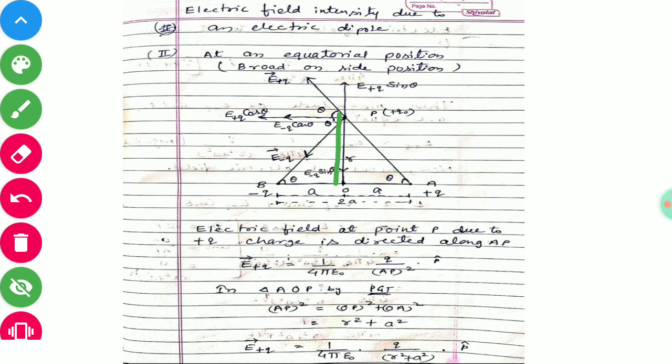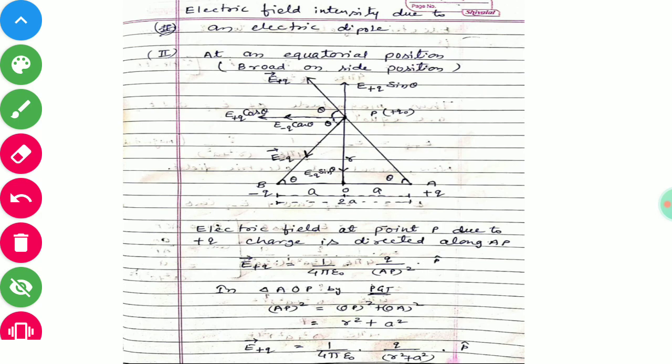Why? Because this is a right angle triangle whose base and perpendicular are the same, and here is also a right angle triangle whose base and perpendicular are again the same. So the hypotenuse of both triangles is the same. So you can say that AP is equal to PB.